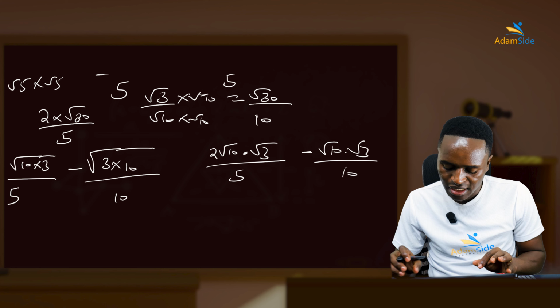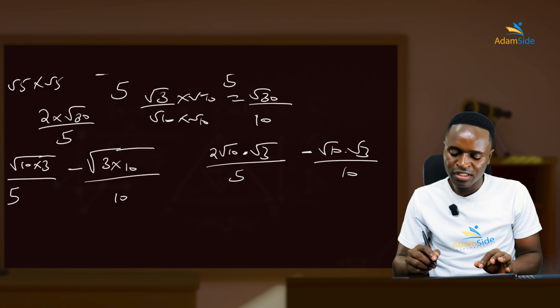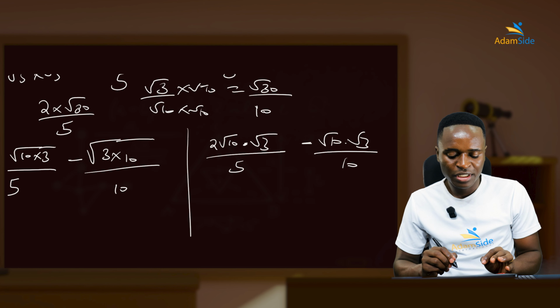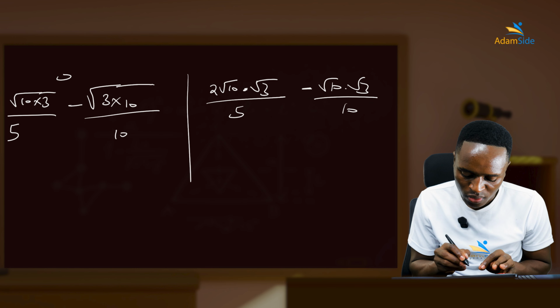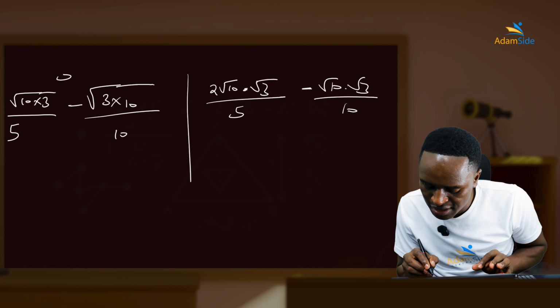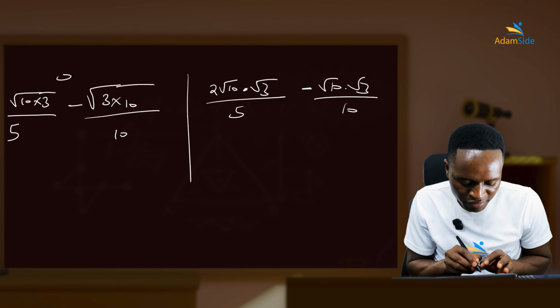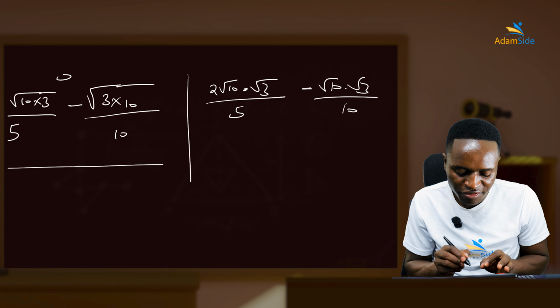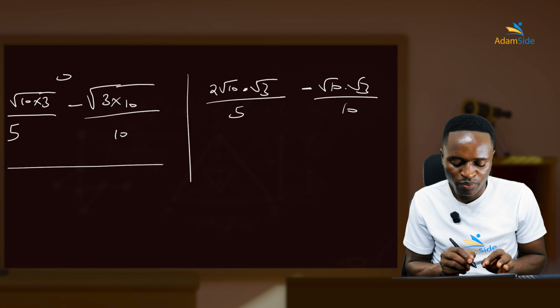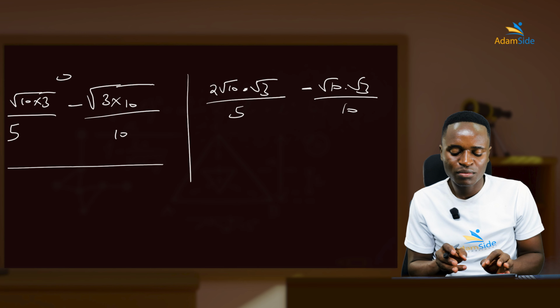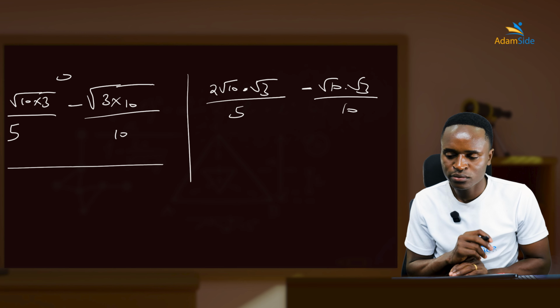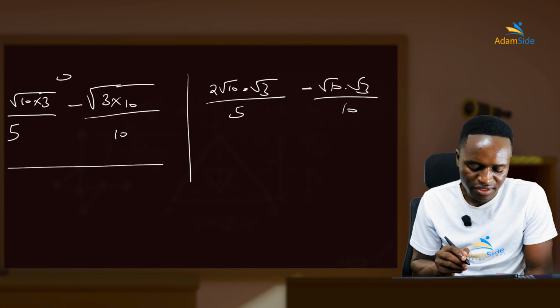Only that. And for us to be able to solve this question, we need to have a common denominator. So what are we supposed to do in this case? We can find a common denominator for 10 and 5. What's our LCM? Or if you don't know, you can just multiply 5 times 10 and get 50.